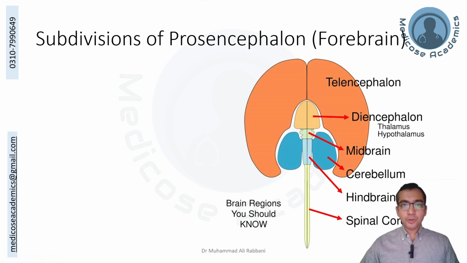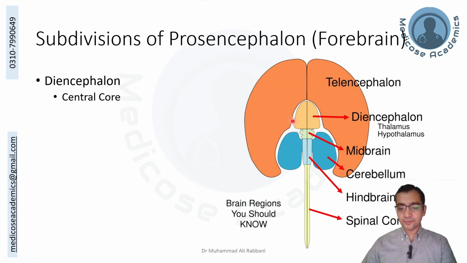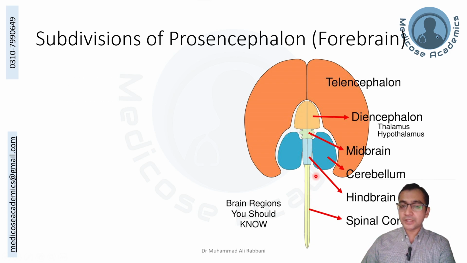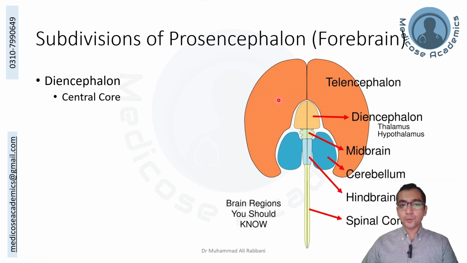So, when talking about the embryology, the brain itself was made up of three major parts: the forebrain, the one shown in here and here, the midbrain, and the hindbrain. The forebrain was further divided into two parts.